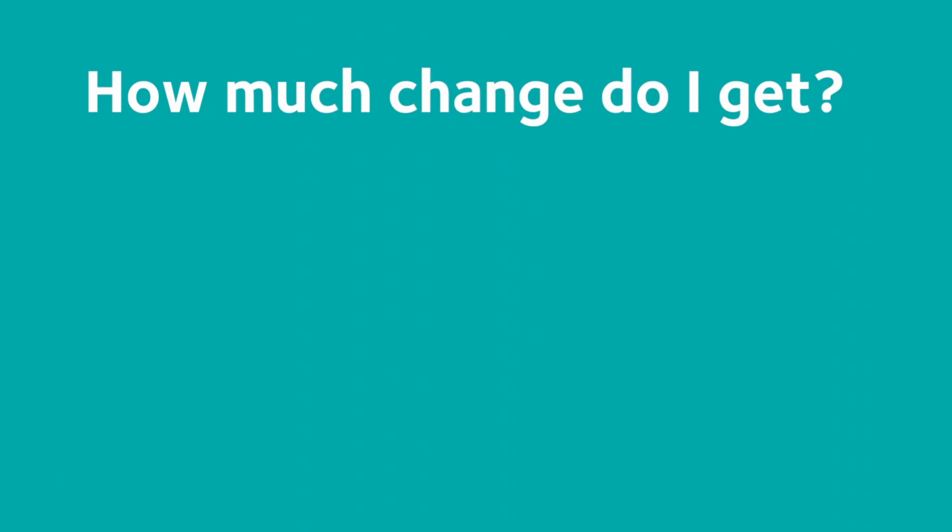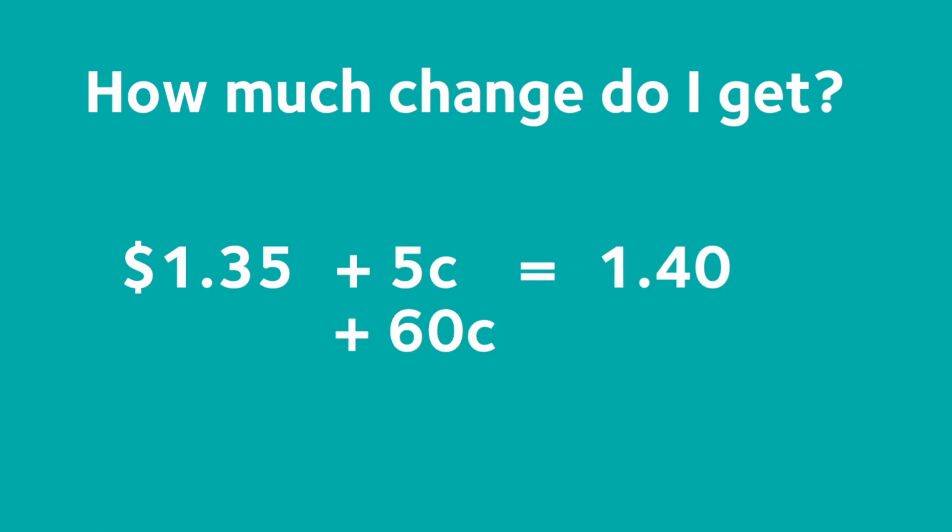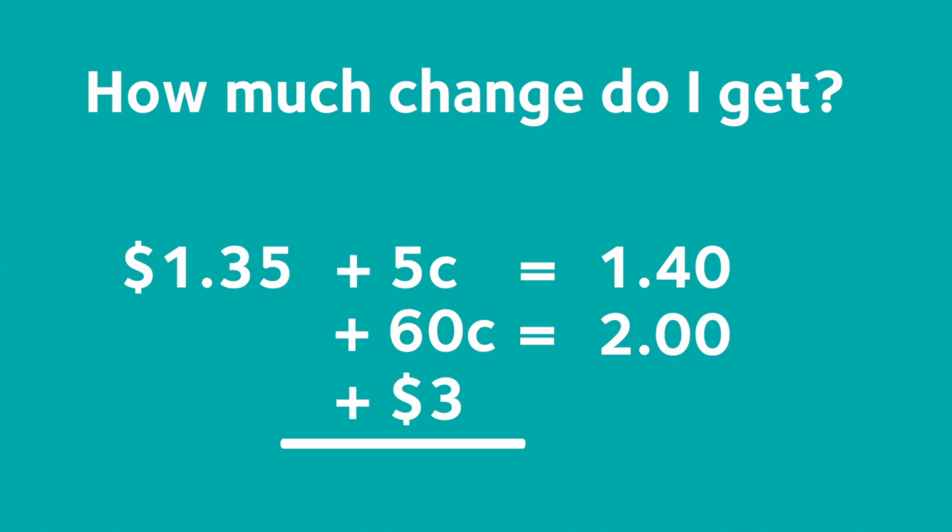I bet almost with 100% certainty that you're probably not going to use the algorithm that we've taught you in school. You're probably going to use a strategy, something like, well, if I add 5 cents to it, that will make it up to 40 cents. Then I have to add another 60 cents. So that's 65 cents. So now I've got $2. So to find that out, I take away $3 from that. So it must be $3.65. And if you do that, you're probably very, very confident that you've got the right answer.